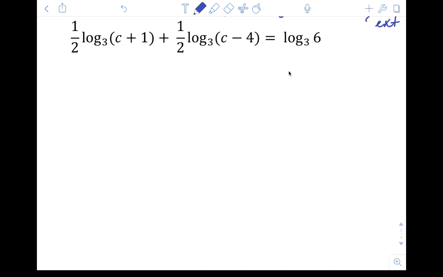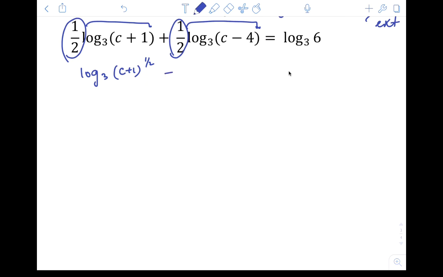Okay, here we go. So we start by noticing these 1/2s. They need to go up where they belong because they're cute little exponents for a power to a power. So we have log base 3 of c plus 1 to the 1/2 plus log base 3 of c minus 4 to the 1/2.